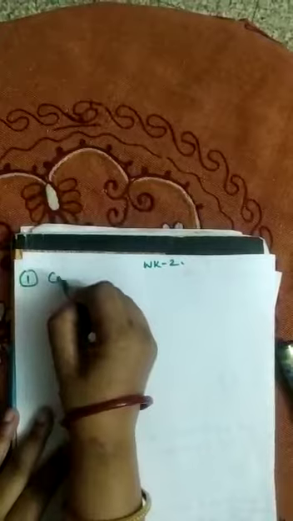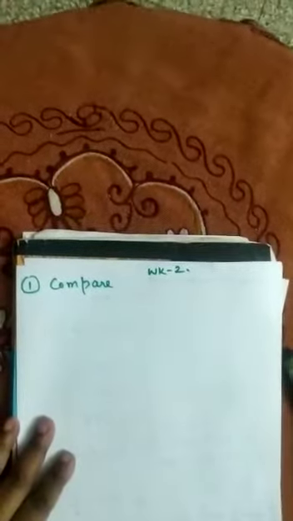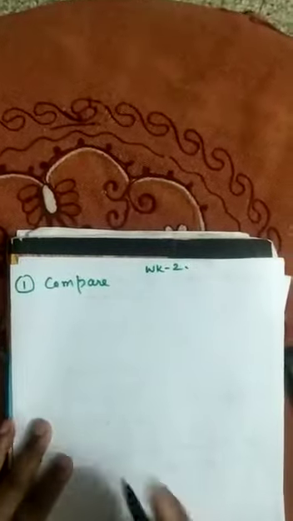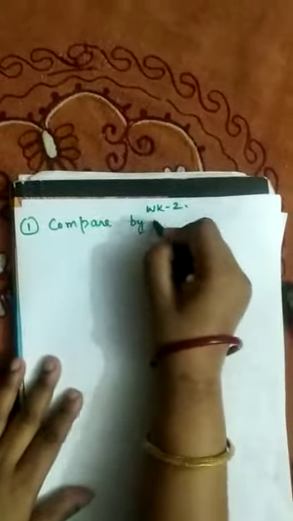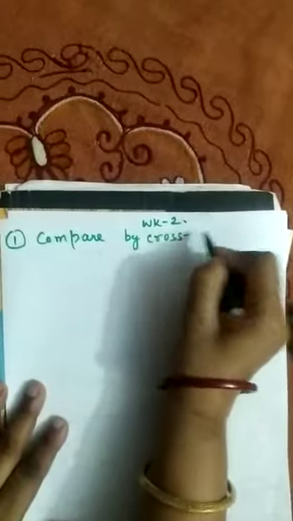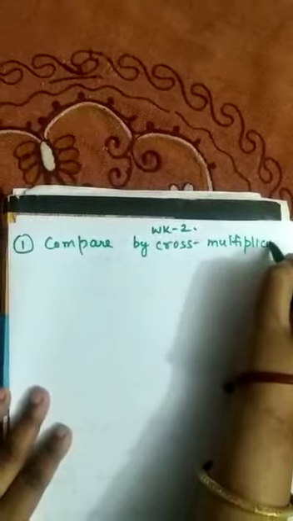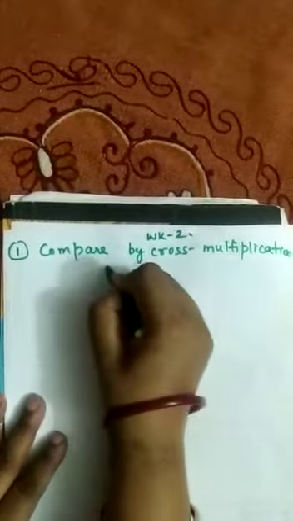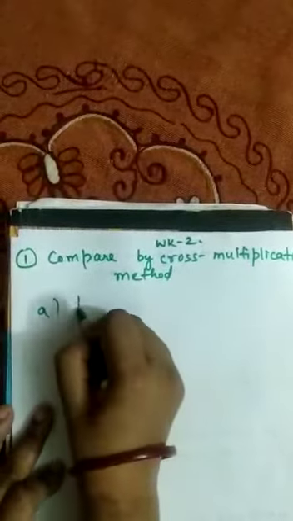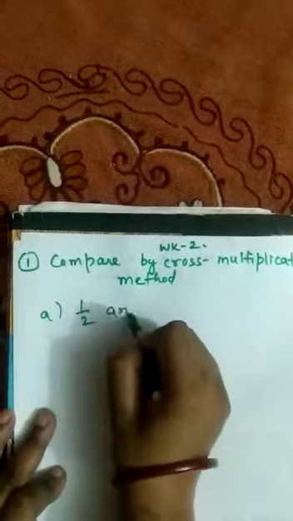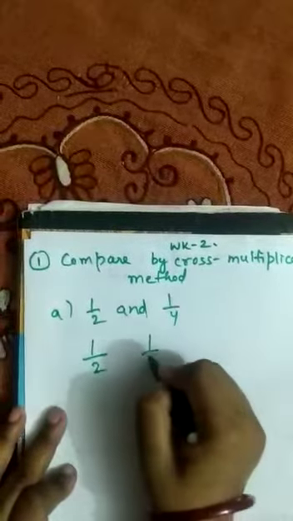You have to compare by the cross multiplication method. Okay. Let us take an example, 1 by 2 and 1 by 4. So here 1 by 2 and 1 by 4.